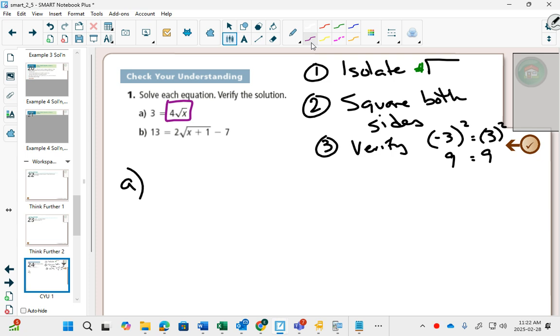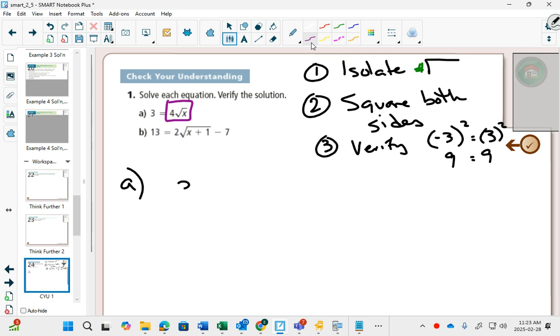Sometimes I'm going to get rid of the number in front. What would you have to do to get rid of the number? Divide by 4. Okay? Sometimes I won't because, like, what happens if I take 3 to divide by 4? I get a fraction. And maybe I don't feel like having a fraction. So sometimes you might divide both sides if it makes your life easier. Sometimes if you think, oh, that might make my life a little bit more complicated, I might not.